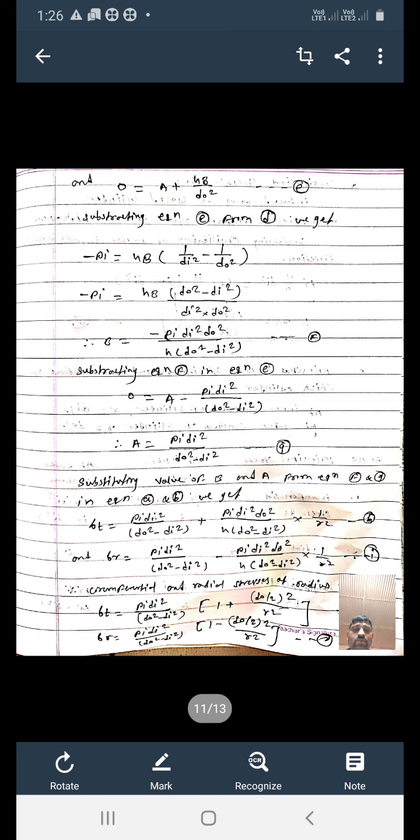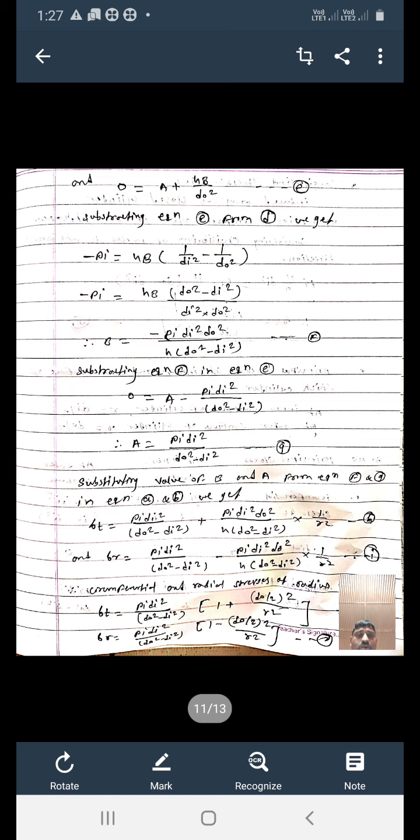Okay, this is equation number G. Substituting the values of B and A from equations F and G in equations A and B, we get sigma T is equal to Pi di square divided by (do square minus di square) plus Pi di square do square divided by 4 into (do square minus di square) into 1 by r square.